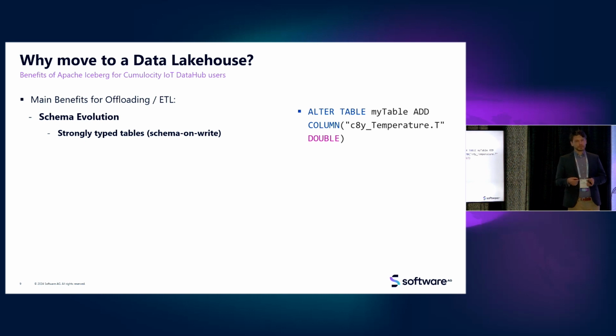First of all, what we will get is an explicit schema for every table. Currently, the schema is determined on read, which means you just add new data to the data lake, and then the schema is determined when you run a query. So it might change over time based on changing input data, but this is implicit. There's no control over it. And in relational databases, as you probably all know, there is an explicit schema.